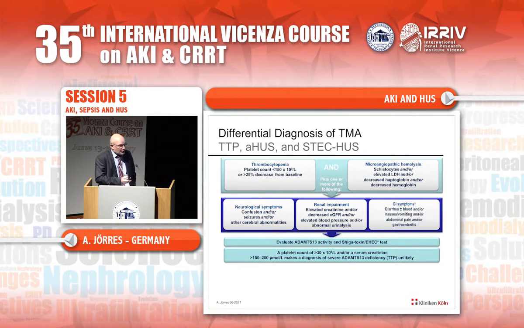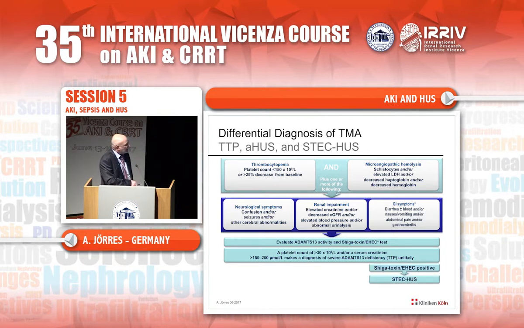And in general terms, data from epidemiological studies suggest that if the patient has a higher platelet count than 30,000 and or a serum creatinine which is strongly elevated, that makes the diagnosis of TTP rather unlikely, because these patients will mostly have very low platelets and less reduced kidney function.